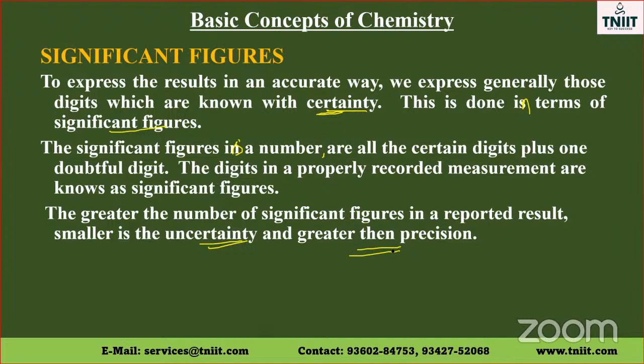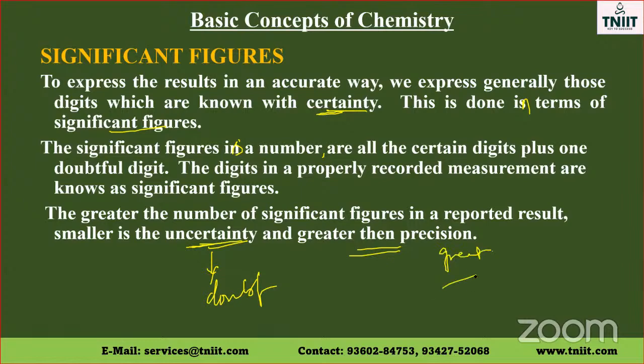Uncertainty is doubt. Certainty is no doubt, it is an authenticated result. So when the significant figures are more in number, then the doubt or uncertainty is very small and precision will be greater.